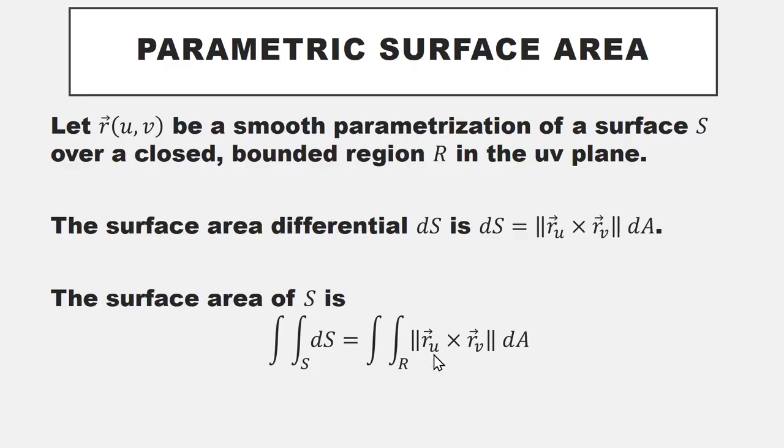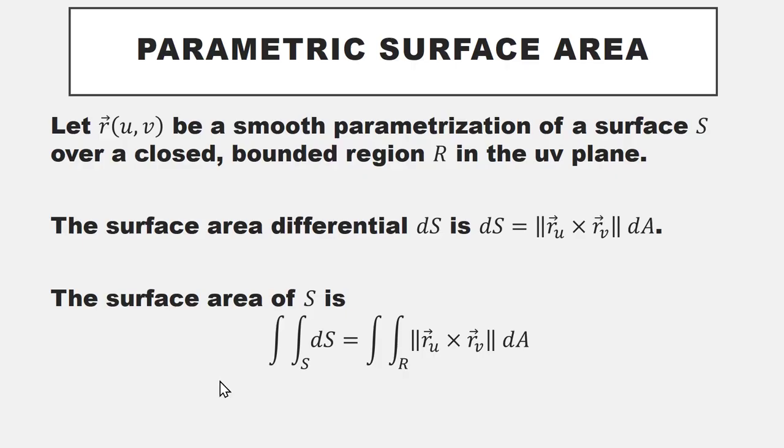So R sub u, that's the derivative with respect to u. R sub v, that's the derivative with respect to v. So these are the partial derivatives with respect to u and v. We take the magnitude of the cross product of those things and then integrate that over R, and we can find the surface area.